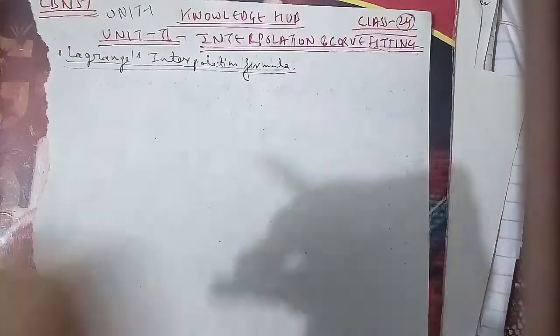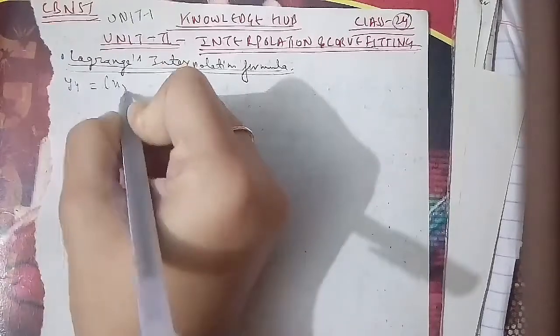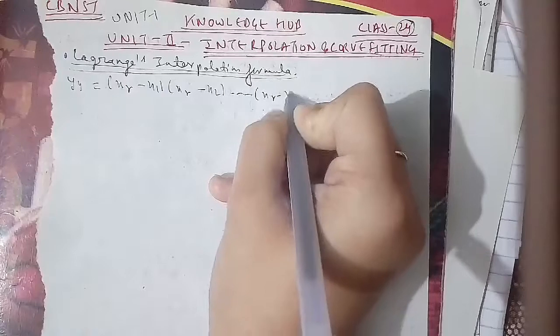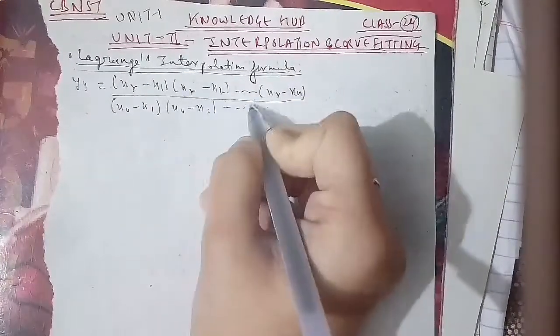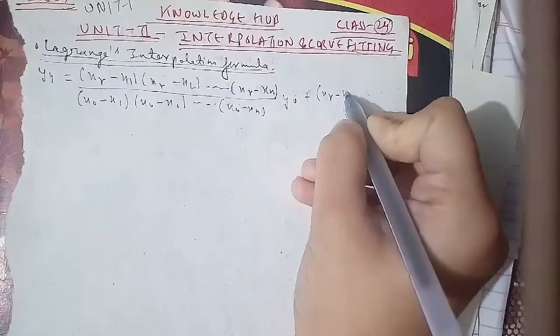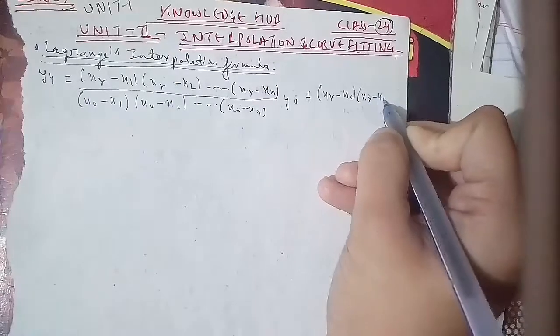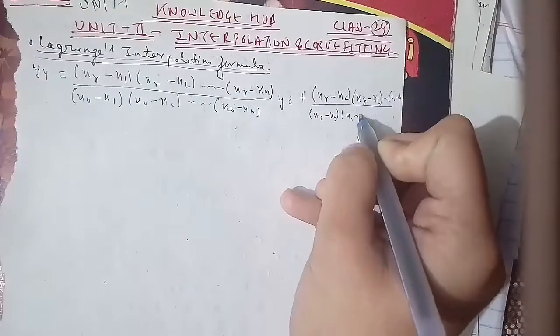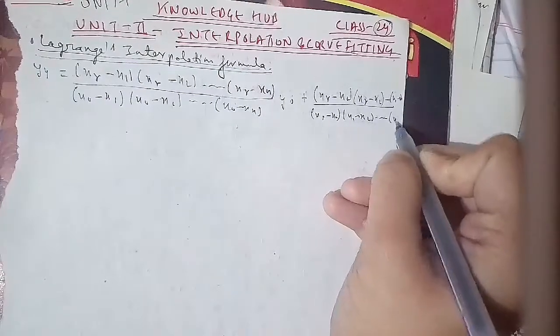For that, we have y equals (xr minus x1)(xr minus x2) till (xr minus xn) upon (x0 minus x1)(x0 minus x2) till (x0 minus xn) y0, plus (xr minus x0)(xr minus x2) till (xr minus xn) upon (x1 minus x0)(x1 minus x2) till (x1 minus xn).